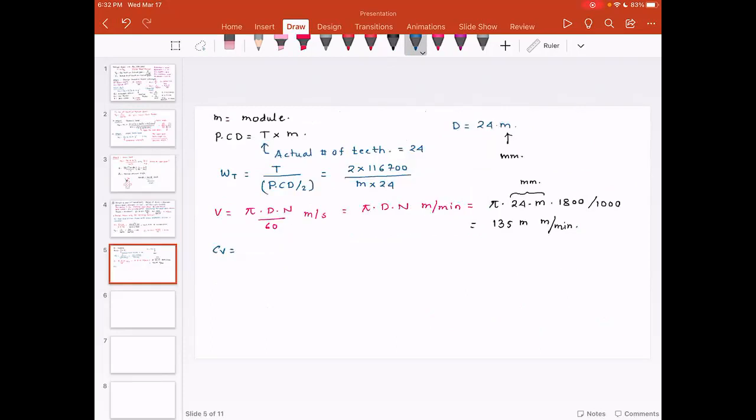So CV is equal to 350 divided by 350 plus 135 m.